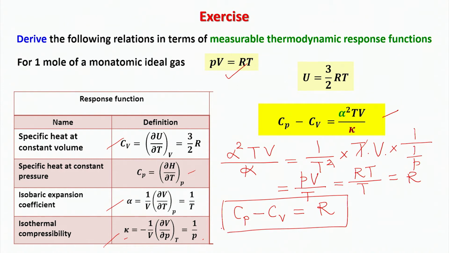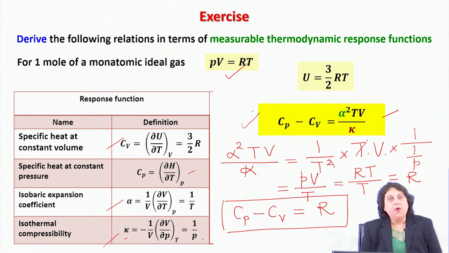All I had to do was use this relationship that we have derived from the application of Maxwell's relation to the definition of Cp and Cv, and put in the values of alpha and kappa of the ideal gas, and what I find is Cp minus Cv is equal to R.